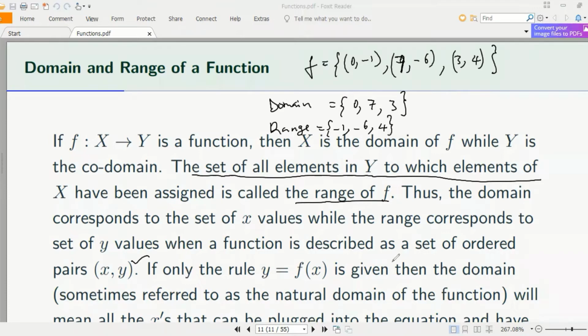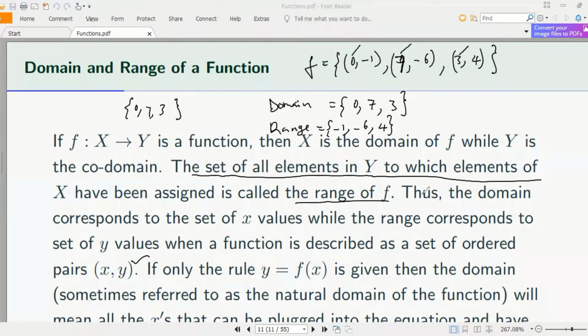And that's what I've written here. Let's just go back. I've said the domain corresponds to the set of X values. This is how we write our set, in these curly brackets. So the domain is a set of X values, so I must put the curly brackets, then I put the X values: 0, 7, 3.